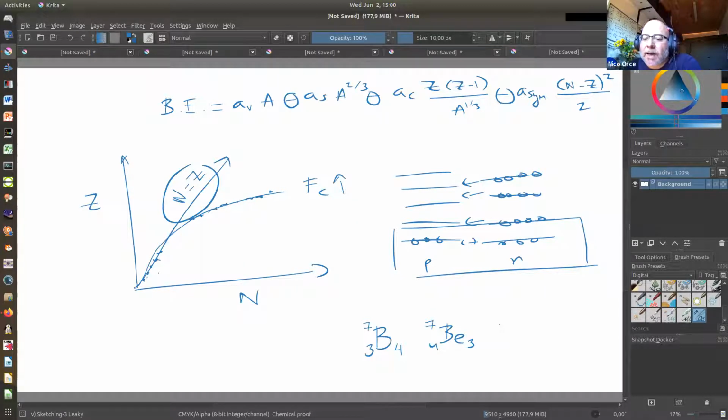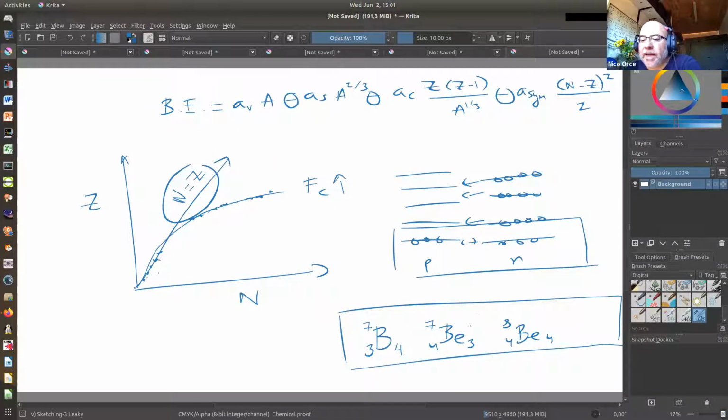I'm trying to find maybe beryllium 8, that would be 4 and 4. I want you to calculate the binding energies of these, which will take you a couple of minutes, and to investigate the binding energy of this one with respect to this one and to this one. Which one has more binding energy? What do you think? Out of these 3, which one will come with more binding energy?